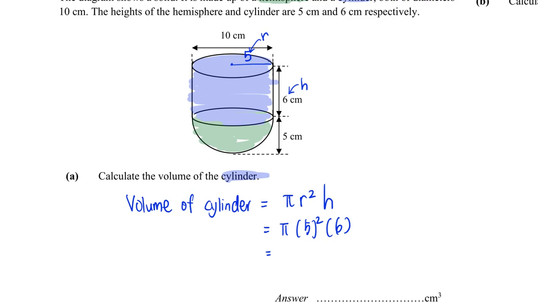And use your calculator, you should get the following answer. 471.24, which is 5 to 6 significant figures. Final answer to write in 3 significant figures.